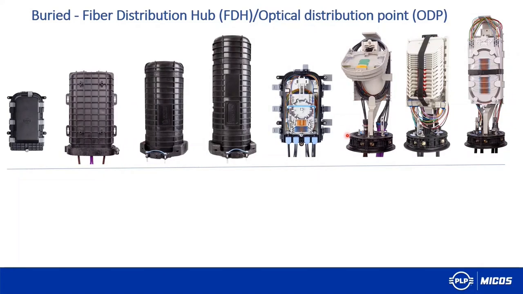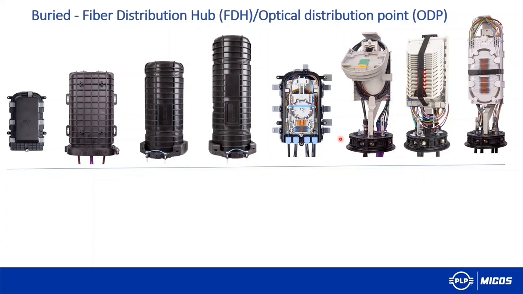What I would draw attention to is to always make sure it's a high quality closure with a good sealing system, because I saw so many closures full of water, and actually our company was involved in many reinstallations of the, let's say, cost effective closures from Asia, which didn't resist any water.